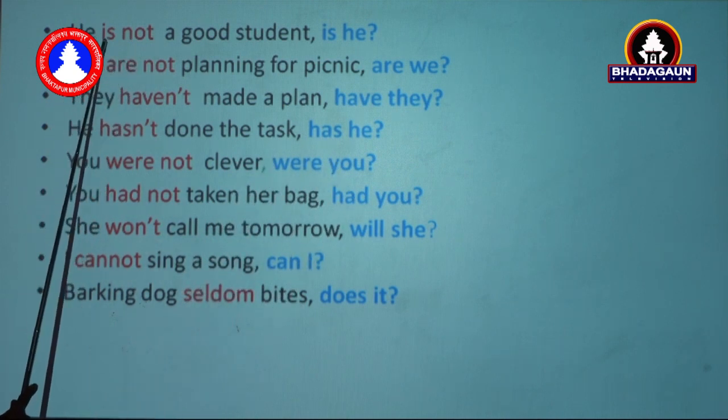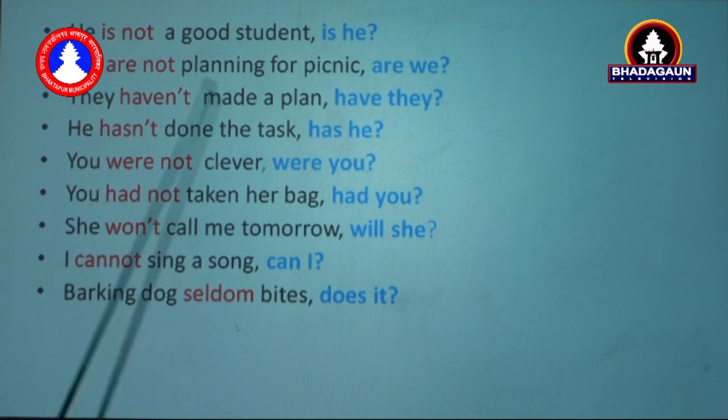We know that the tag is the combination of auxiliary verb and pronoun. First you use the auxiliary verb that is present in the sentence, then you use the pronoun. If the pronoun is given, that's okay. If not, you have to make the pronoun of that subject.